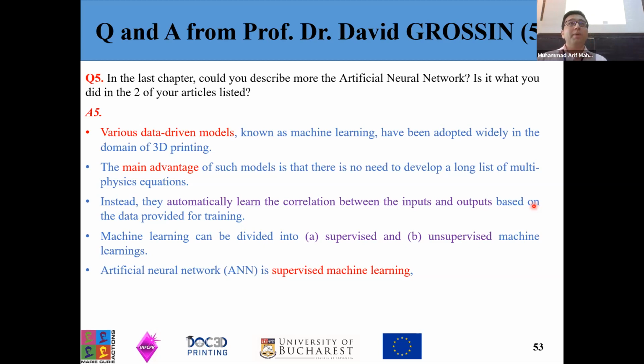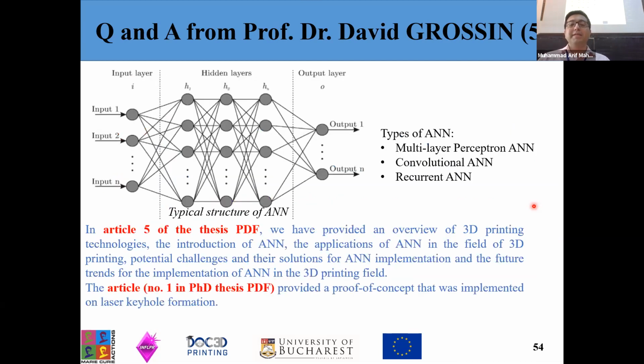And they automatically learn a correlation between the inputs and the outputs based on the data provided. So machine learning can be classified into two subdomains: supervised and unsupervised machine learning. ANN is actually supervised machine learning, which has three subtypes: multi-layer perceptron, convolutional neural network, and the recurrent.